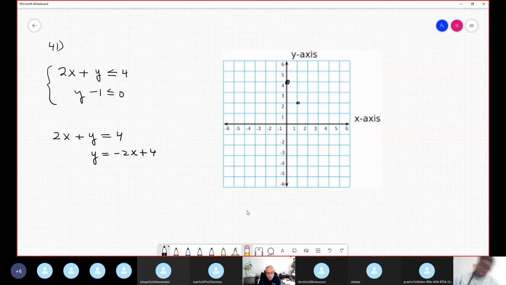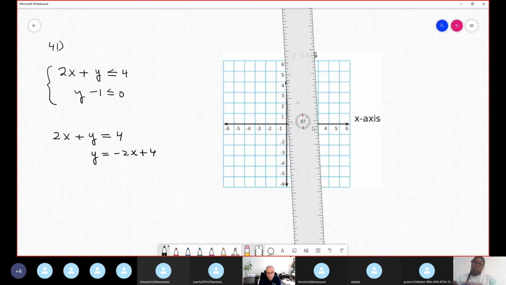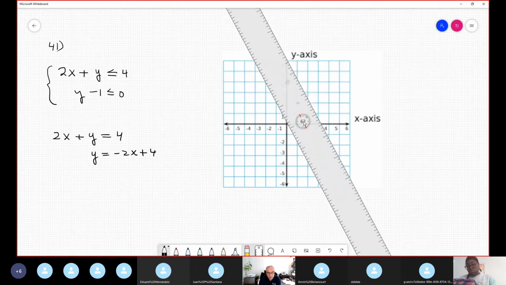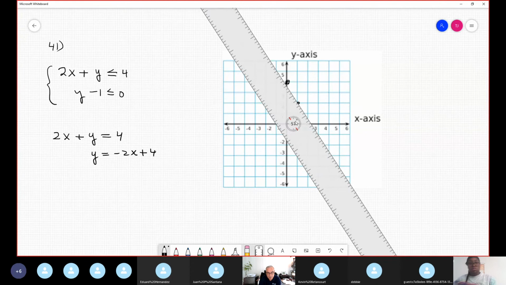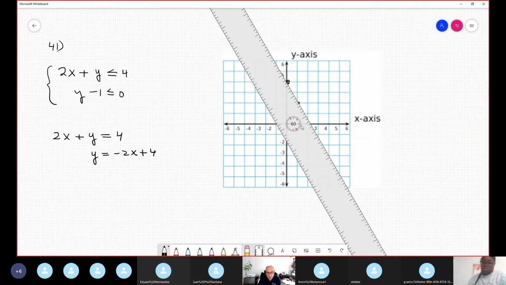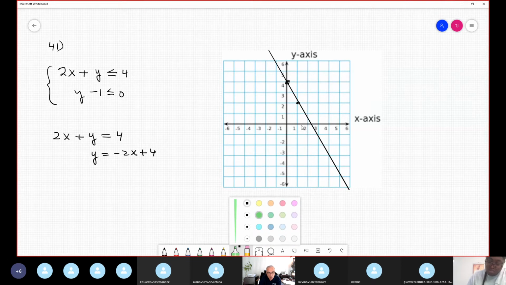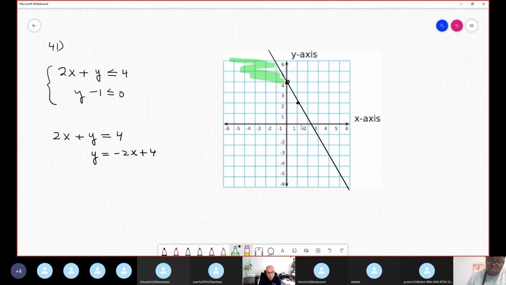Rise down, we get the second point. This is a line. Okay, I shade the plane below. Why do I know it's below? Because it's less than. So that part.